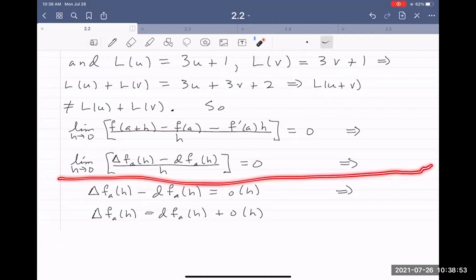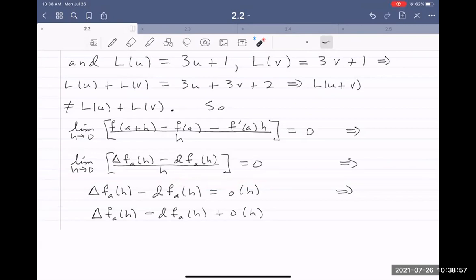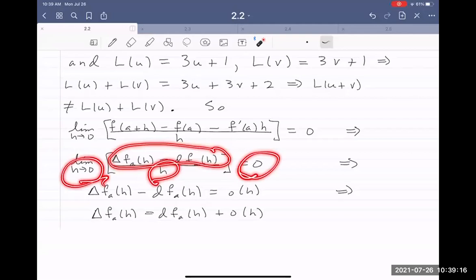The limit as h approaches 0 of [delta f sub a at h minus d f sub a at h], all divided by h, equals 0.